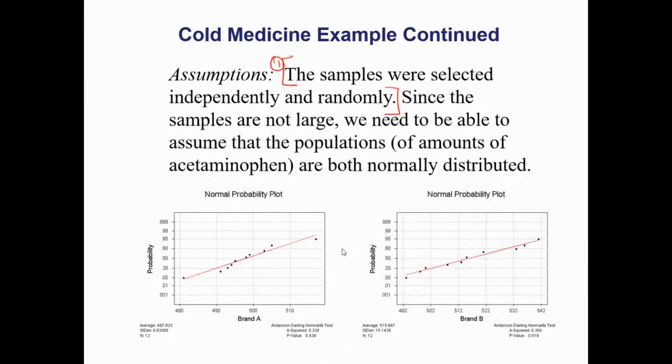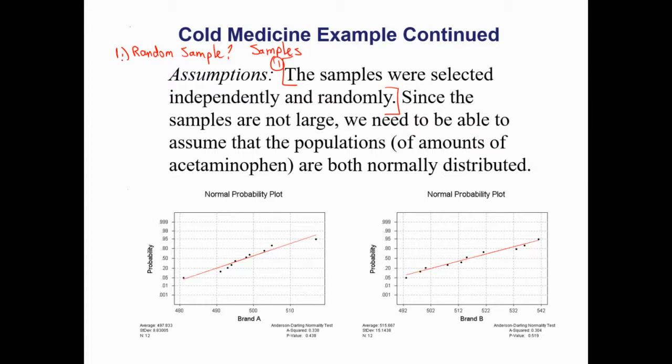The way I have it on my paper here, instead of all these sentences, I have it listed. One: random sample, question mark. And then I just say something like, samples are selected independently and randomly.